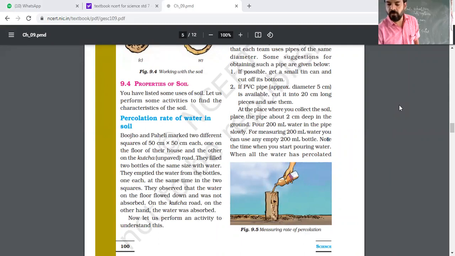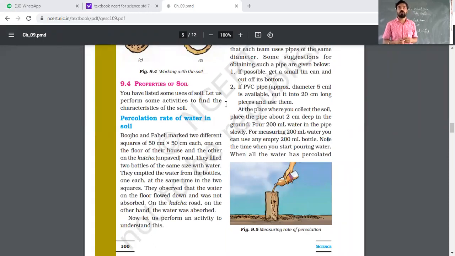As I also discussed with you, how you identify the soil when you have it in your area, in your laboratory or in your hand, and how you can identify whether that soil is useful, especially for which type of crops, or whether it is useful for construction or for making any kind of utensils, because we are using utensils made from the soil.